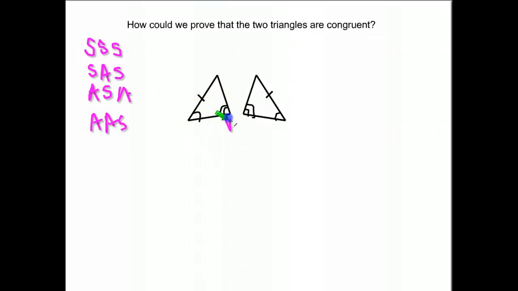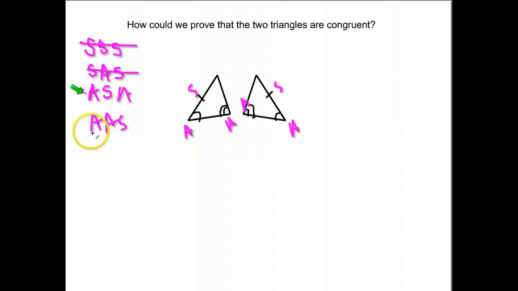On this figure we have an angle, a second angle, and a side marked congruent to an angle, an angle, and a side. So for each individual triangle we have two angles and a side marked. We don't have enough sides for SSS, and we don't have enough sides for side, angle, side, because what you have has to be in each individual triangle. So in each individual triangle we have two angles and a side, which leaves us with these two options.